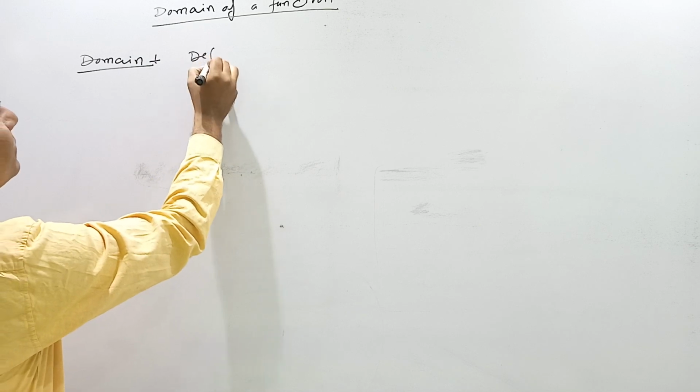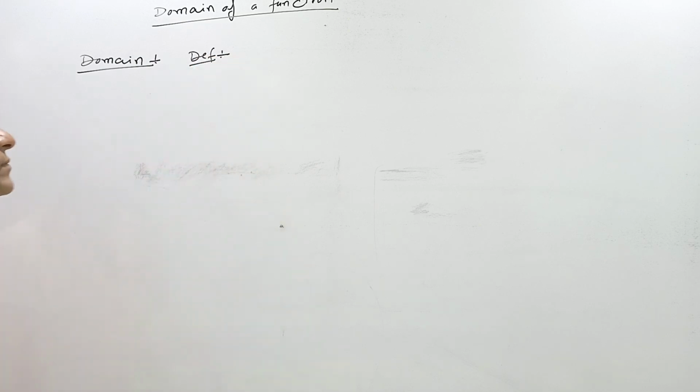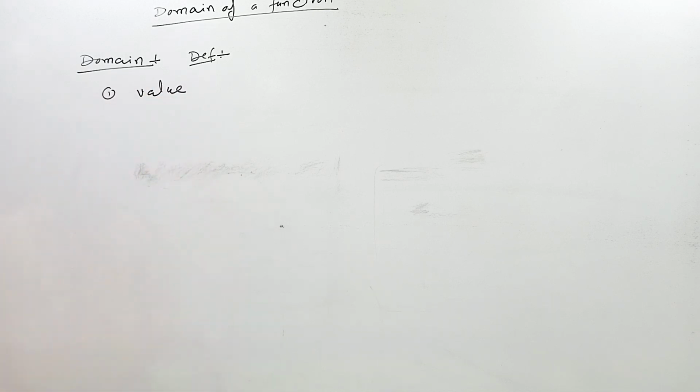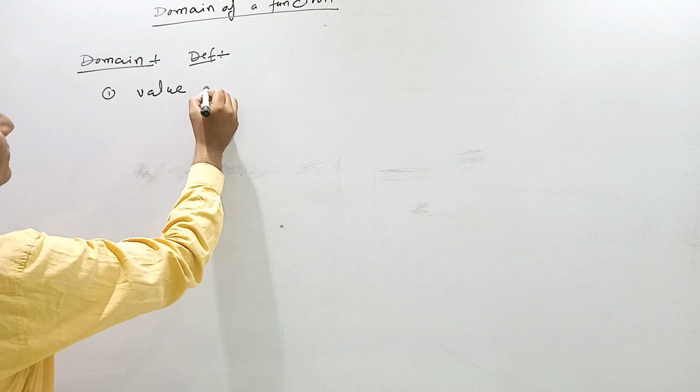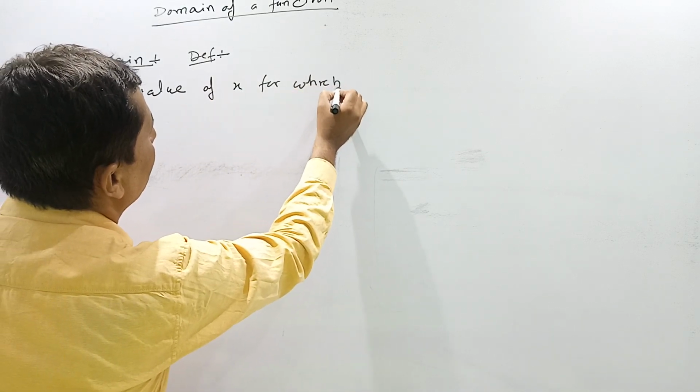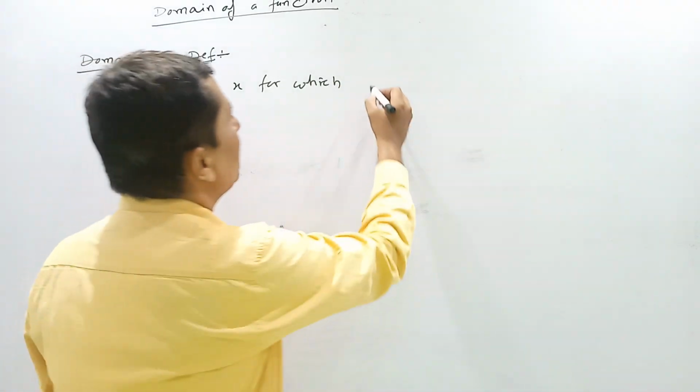Definition: first, you can write down as a definition, the value of x for which the function is defined.